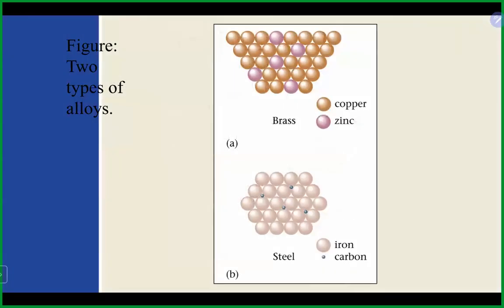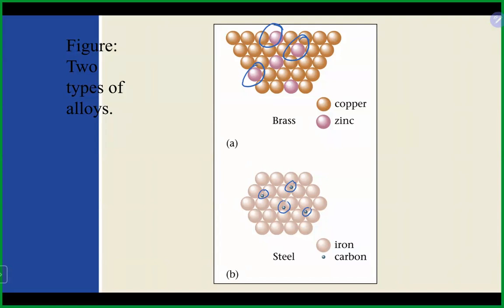And here's our picture. So substitutional, we got some different atoms in there. And then here we have in these small little holes between the different atoms, another element there, like carbon, that's small enough to fit there. Any questions on solids? We're not going to talk too much about it, but yeah.